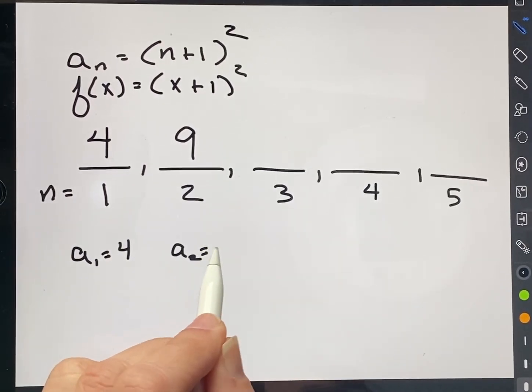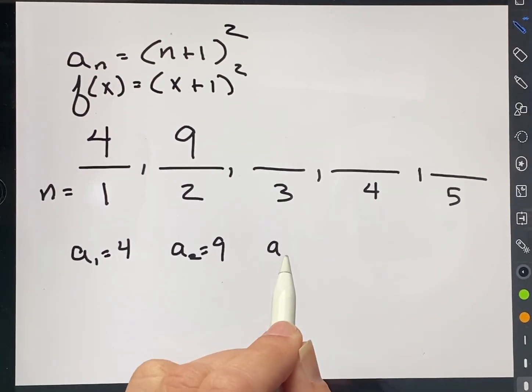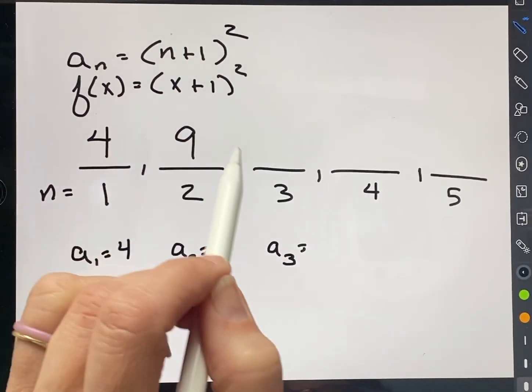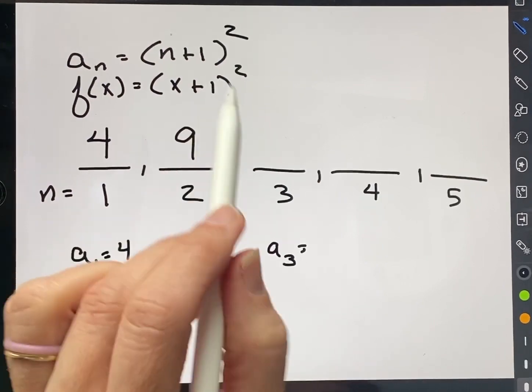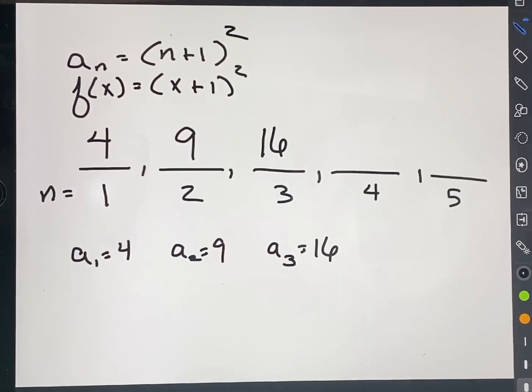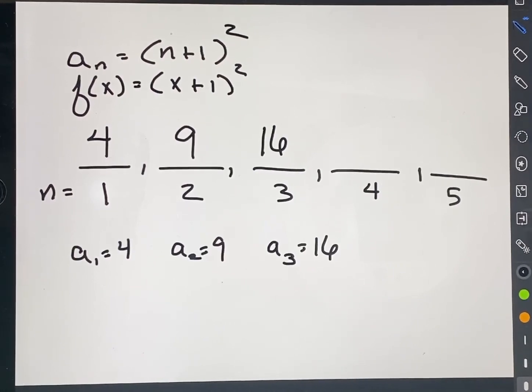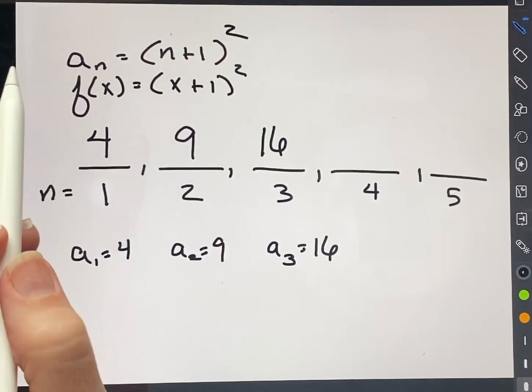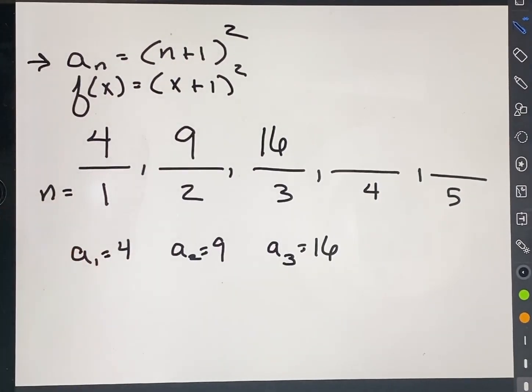A sub 2 equals 9. A sub 3 is going to equal 3 plus 1 is 4. 4 squared is 16. And we could move down our line and we could find any term that we wanted because we have the expression that tells us how to find that term.